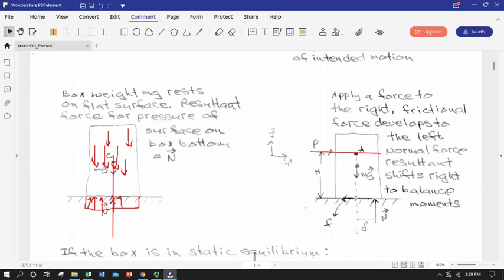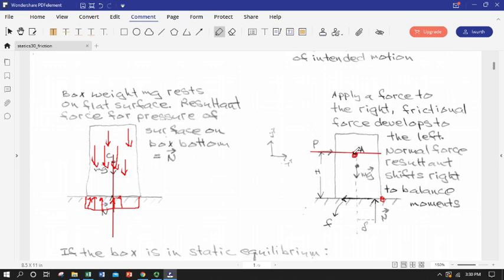And the reason it's not is it has to shift over, or the normal force distribution has to become non-uniform and actually become stronger, have a greater force per unit length as we get closer to this bottom right corner. And all that's doing is ensuring that the moment due to F and N about point A balance.